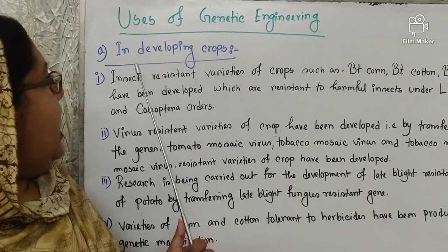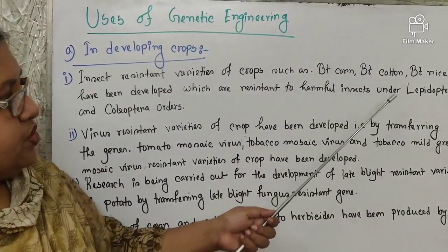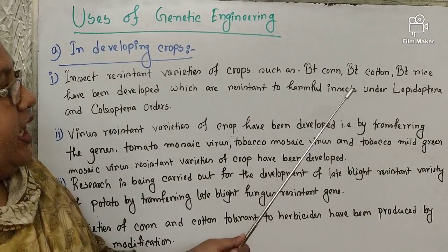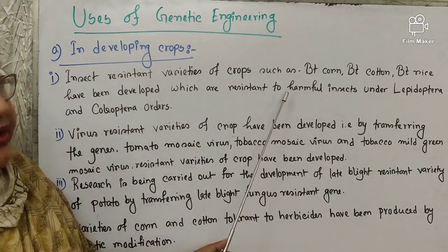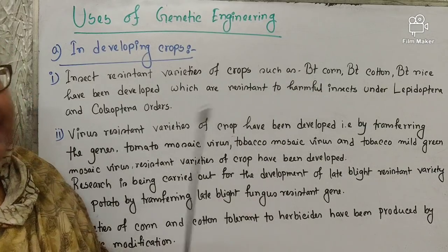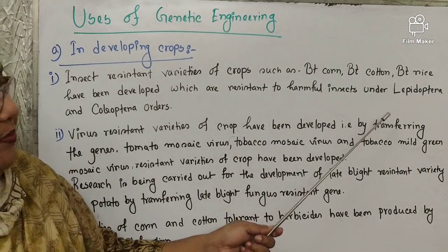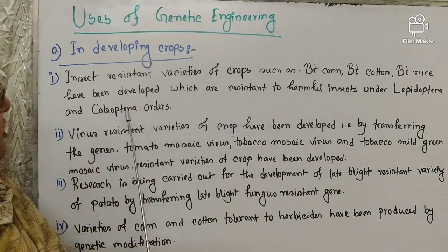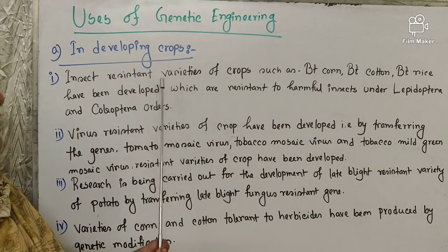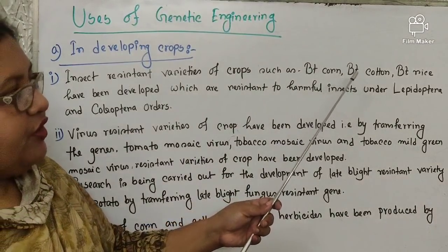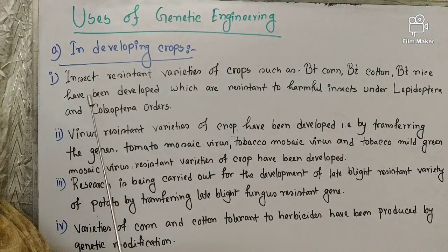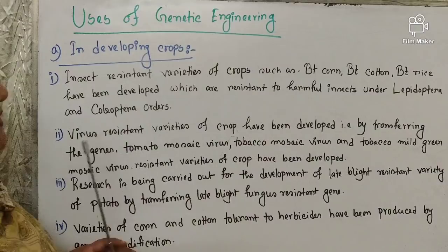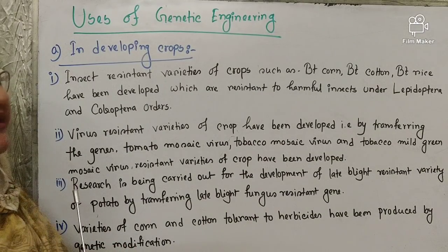For example, BT corn, BT cotton, BT rice have been developed, which are resistant to harmful insects under two orders, Lepidoptera and Coleoptera. The insects under these two orders are very harmful for these types of plants. So it became possible to produce these insect resistant varieties through genetic engineering.